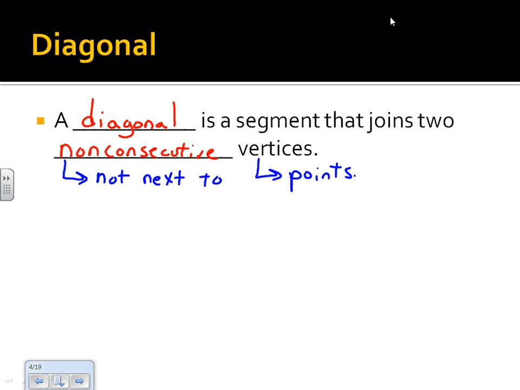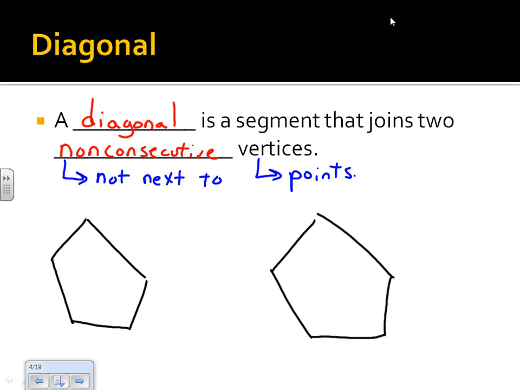So I want you to draw two pentagons. How many sides for a pentagon? 5. We're going to draw the diagonals.